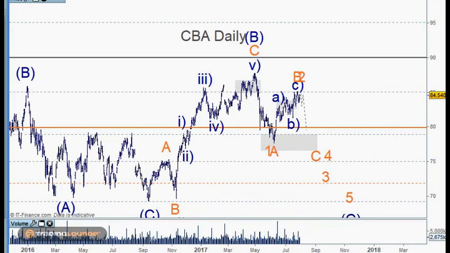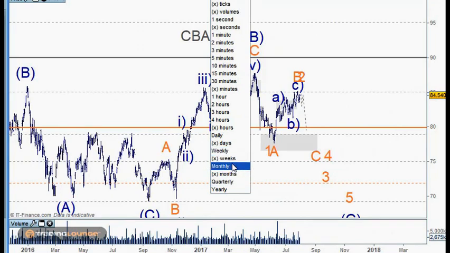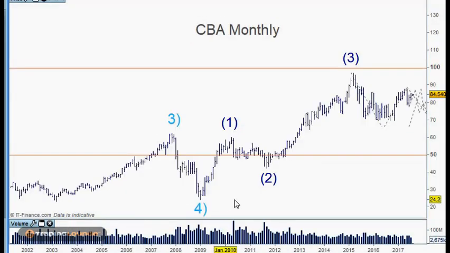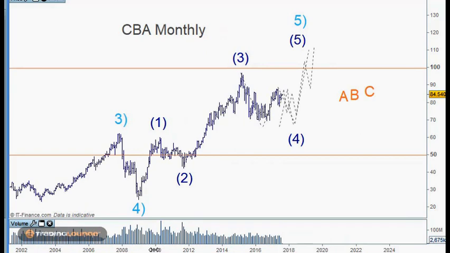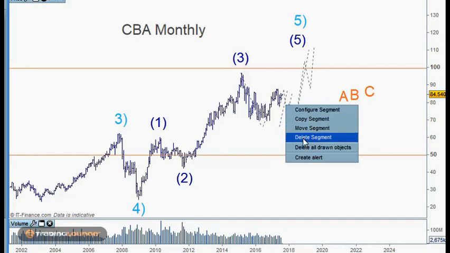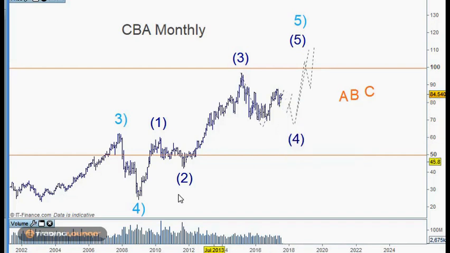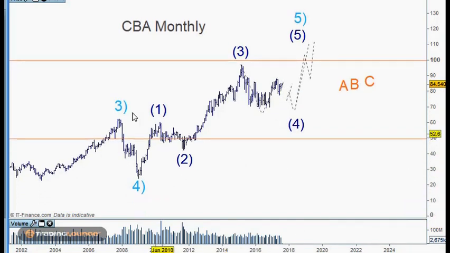Now, we know in the big picture with CBA, for instance, if I just go to the monthly chart here, what I've been trying to work out is that I know that we've got wave 3 here on the monthly, and wave 4 here, then wave 1 and 2 here, and then all the way up for wave 3 here.